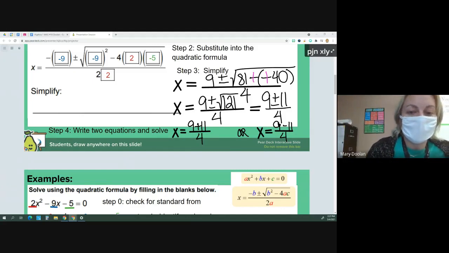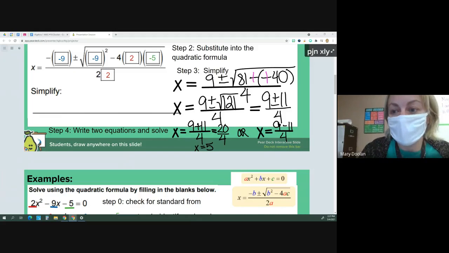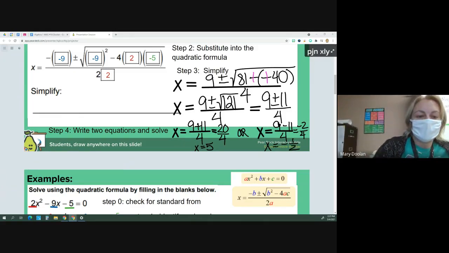So on the one on the left, 9 plus 11 is 20 divided by 4, or x equals 5. On the right-hand side, 9 minus 11 is going to give me negative 2 divided by 4, or x equals negative 1/2. So those are my two possible answers for x.